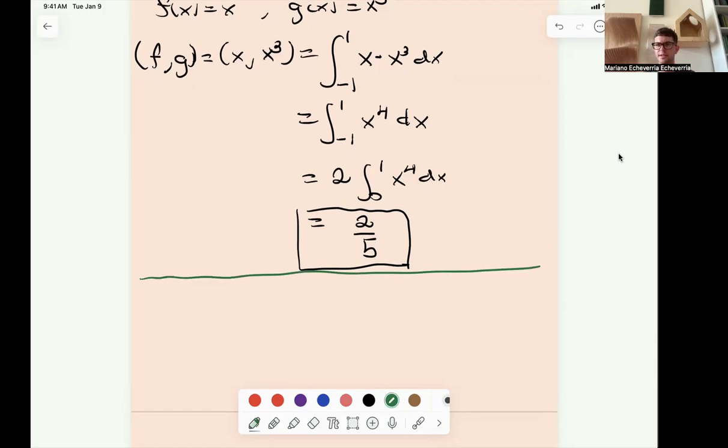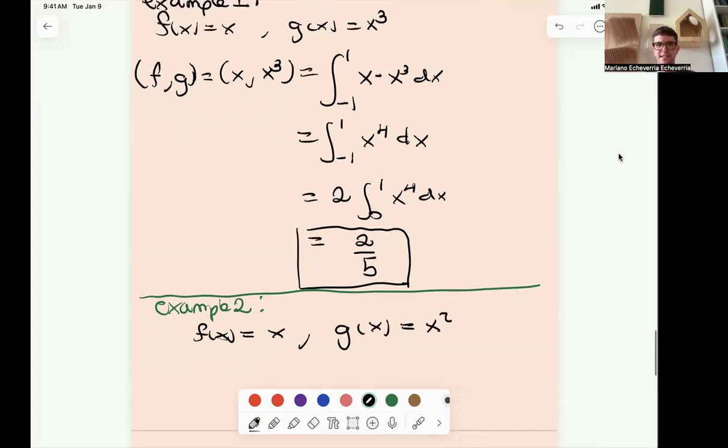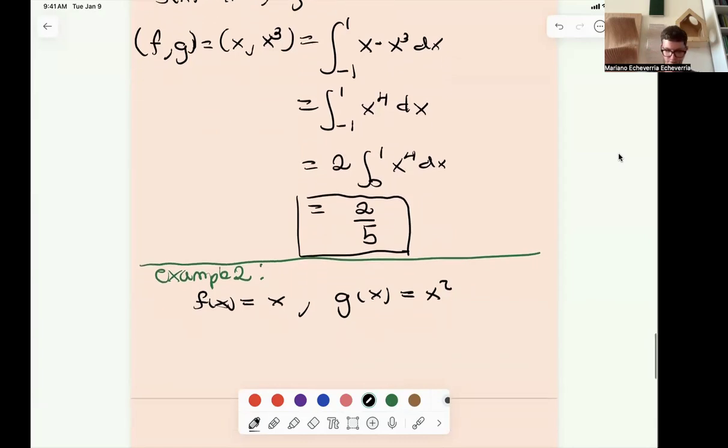Now here's another example. I'm going to keep the same function f, so it's still going to be x, but I'm going to change the function g to x squared, let's say. And then what happens if I do the dot product? Dot product in quotes, because no one calls it dot product. They call it inner product.